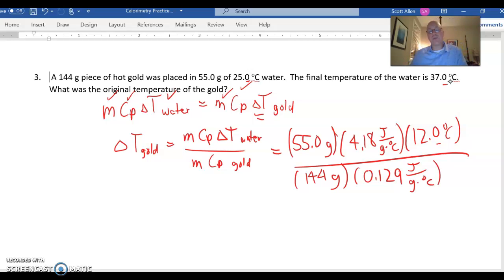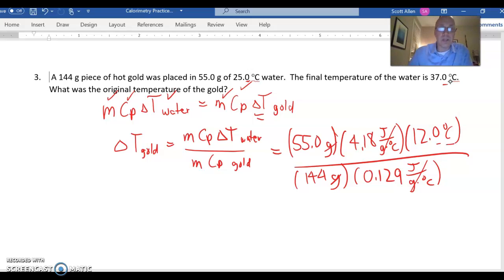All right, and notice one thing about these problems, I haven't been mentioning it, but anytime you see the same units on the top and bottom, they cancel out. For example, the grams cancel out the grams here. The joules per gram per degree Celsius, all of these would cancel out with each other because they're the exact same thing, and it leaves the one unit left.